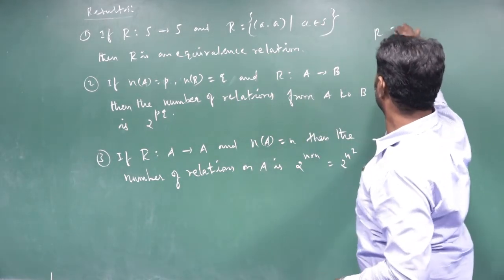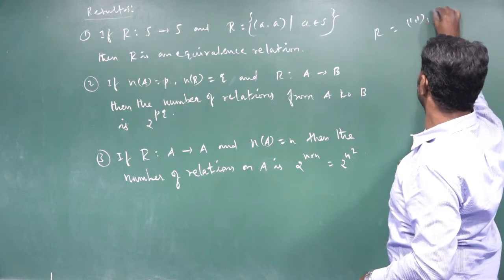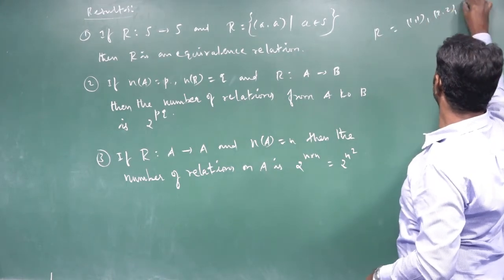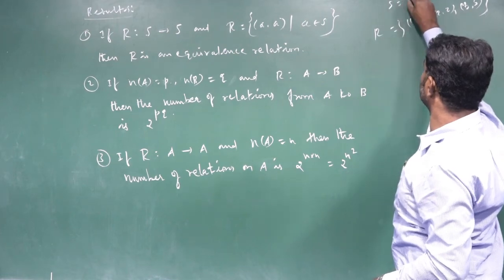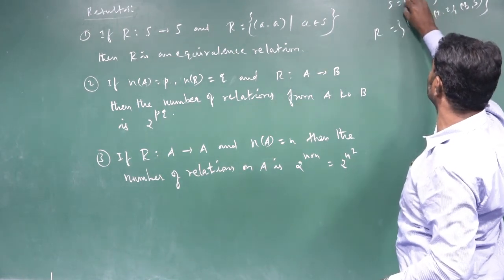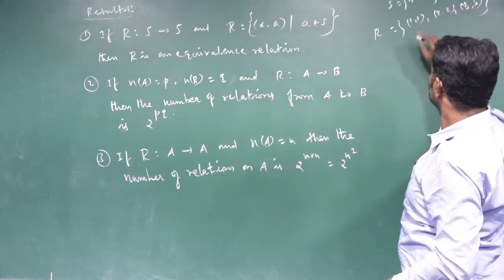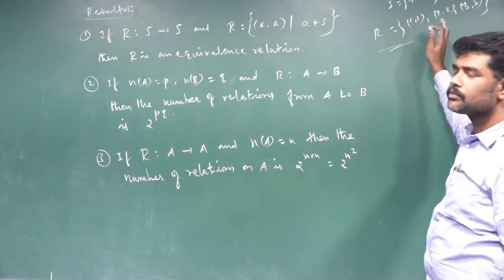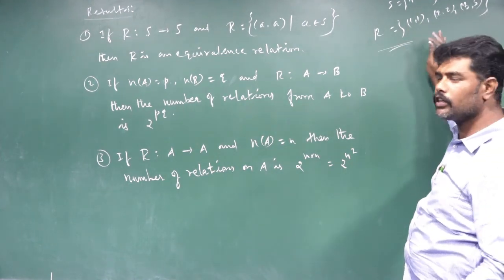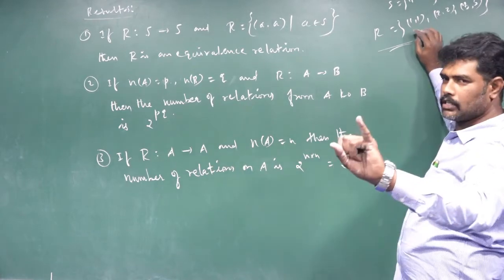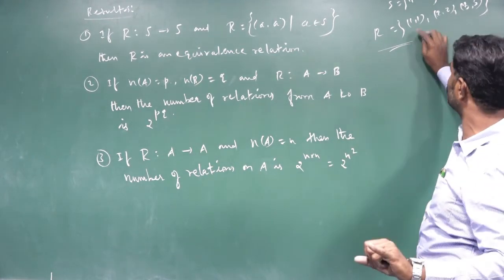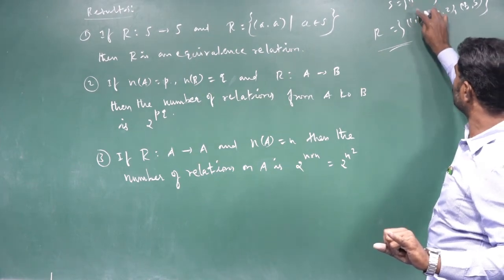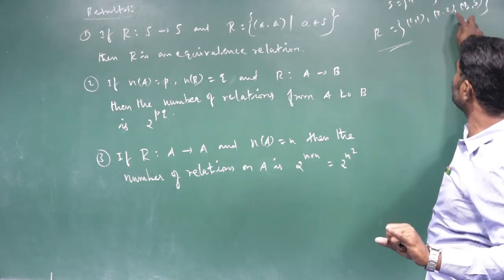Suppose here R is equal to {(1,1), (2,2), (3,3)}, where S contains the elements 1, 2, 3. It is an equivalence relation. How? First, reflexive: the same element pairs are called reflexive. 1,1; 2,2; 3,3.